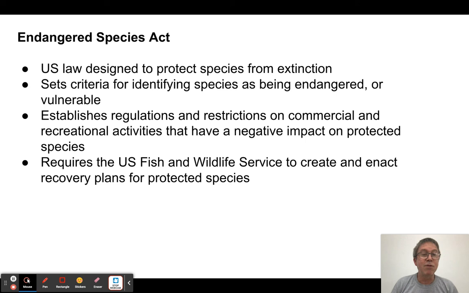Now that can mean like establishing wildlife corridors, setting aside forest, roadless areas, whatever it takes. And it also involves basically putting the burden not just on the federal government, but also on commercial interests as well. And so there's a lot of pushback on this, but it's been very successful at protecting species.